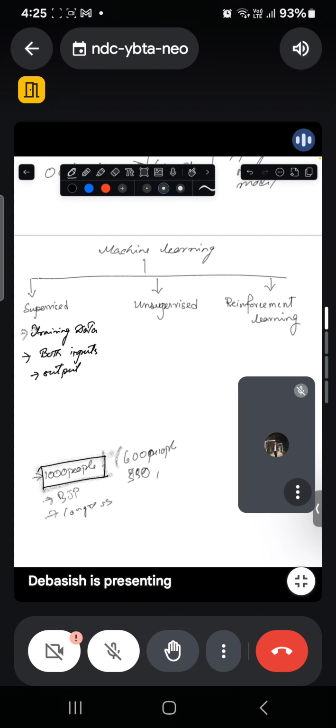What are the outputs? What these people think about who will win the election. So you have to feed the input and also the output. An example is classification, I'll explain later. Then some naive Bayes algorithm is there.